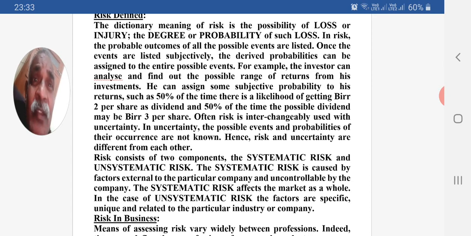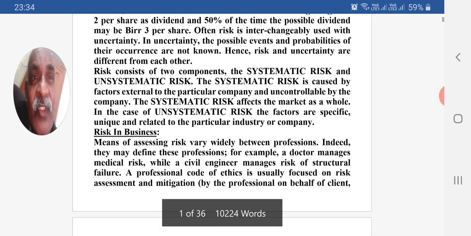It means this is a unique risk, unique factors handled by the managers of a specific company. So this labor unrest, maybe the manager of the specific company can control. So this type of risk is unique in nature, specific. This type of risk is called unsystematic risk, and it will not affect the whole market. Is that clear? The risks are two, that is unsystematic and systematic.